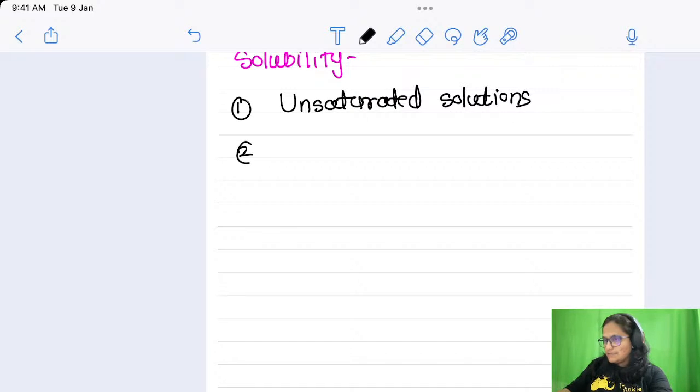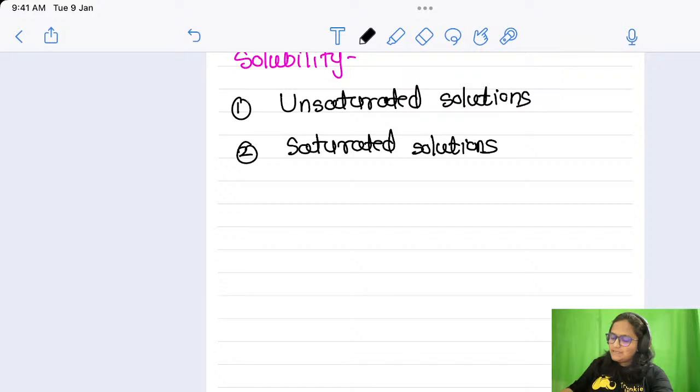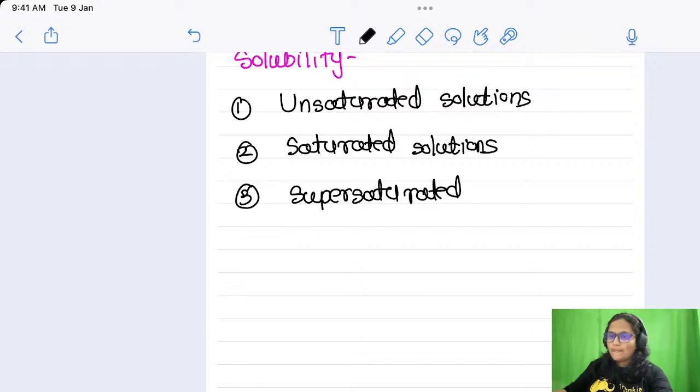Second type is the saturated solutions. And the third type is the supersaturated solutions. So these are the types of the solutions I am going to explain now.